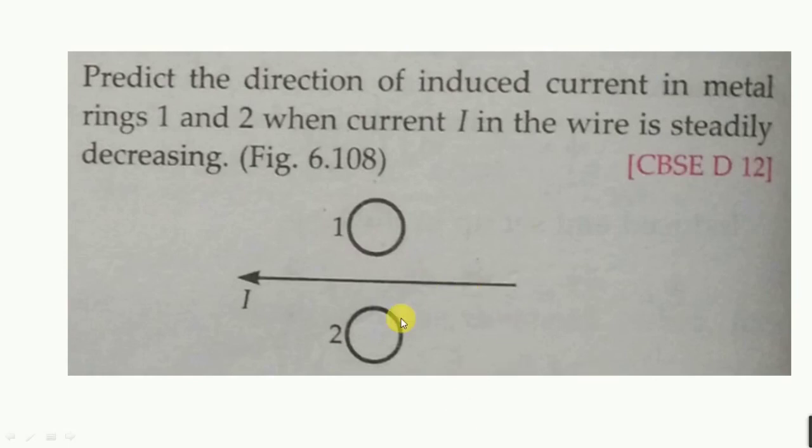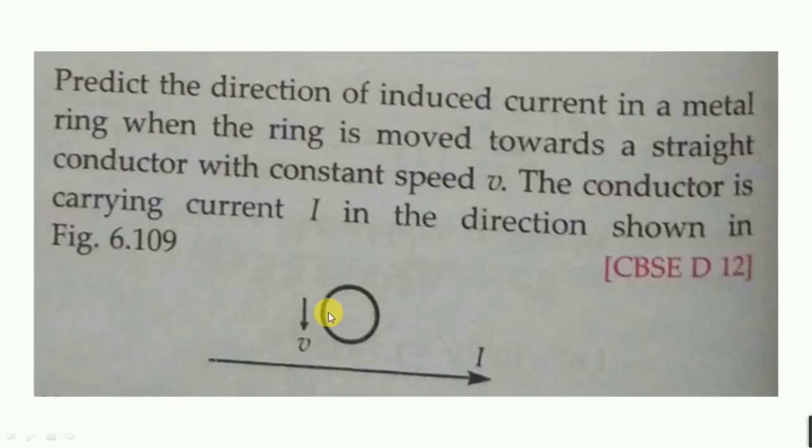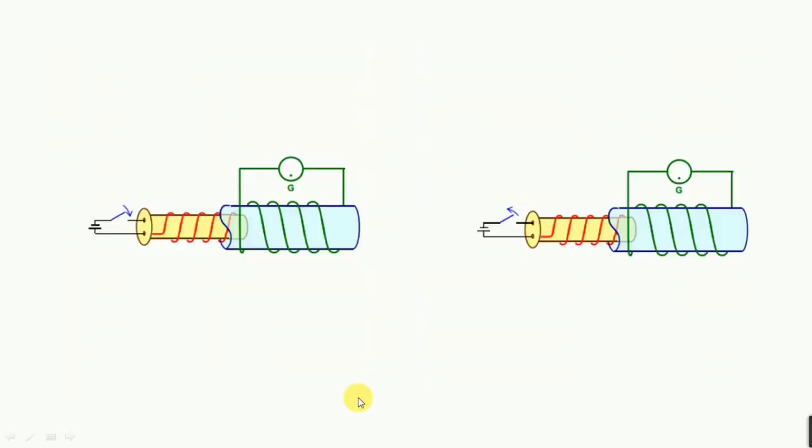Out here we have two loops instead of one, and the current is not changing, but we are bringing the loop from above to below. That means the flux will increase. So in order to decrease the flux, it has to produce a magnetic field which is opposite to the direction of the magnetic field of this conductor. Using the right hand thumb rule you can try this.